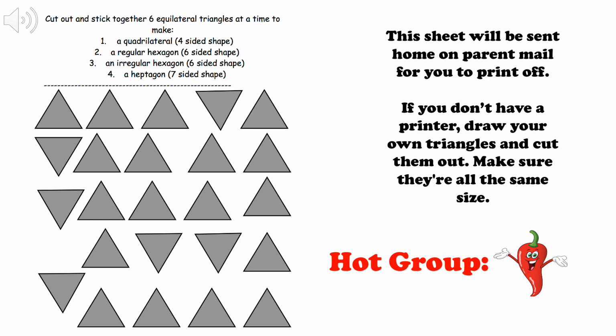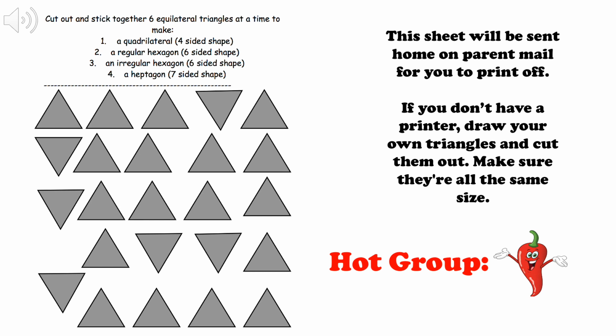On the screen in front of you, you will see the hot group activity. This sheet will be sent home as a parent mail, so you have the opportunity to print it off if you are able to. If you are unable to print it off, don't worry, because you can draw your own triangles, making sure they're all the same size.